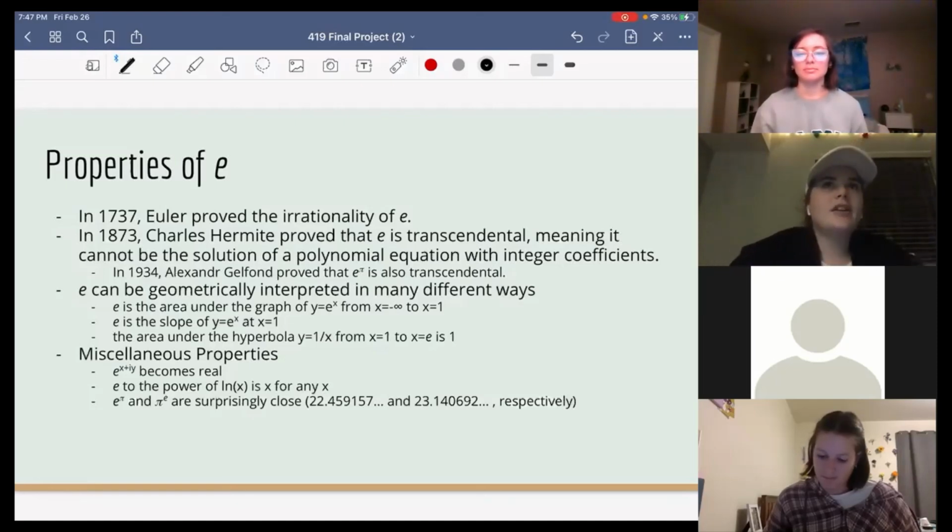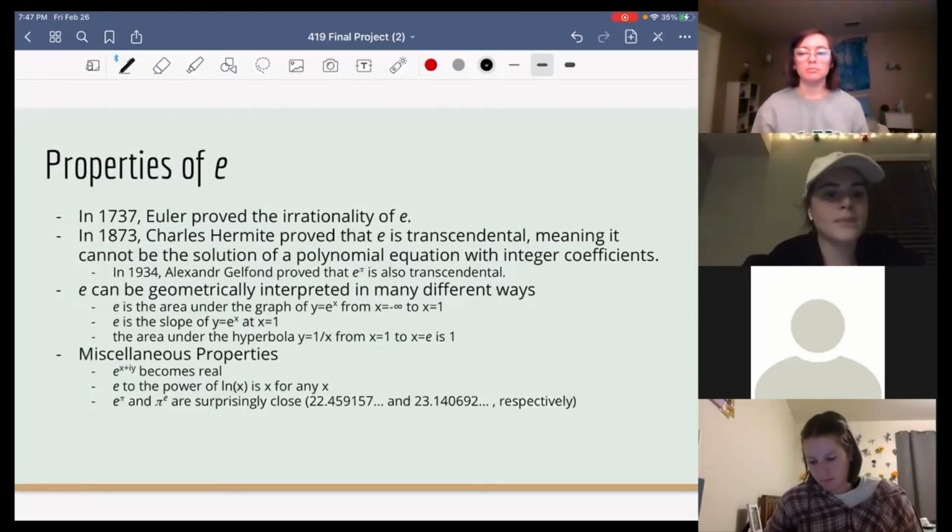Another interpretation is the area under the hyperbola y equals 1 over x from x equals 1 to x equals e. That area is 1. So you can use that to geometrically see what e looks like and how it behaves with the hyperbola.